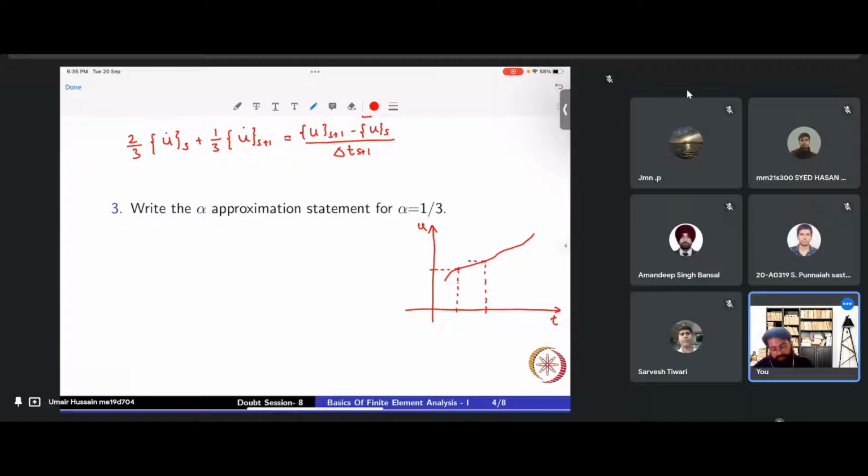So we'll take s equals 1. This is t1, this is t2, so delta t2. We have u1.